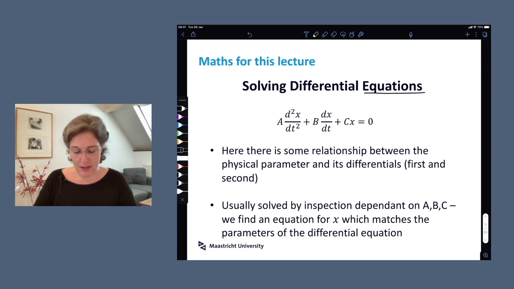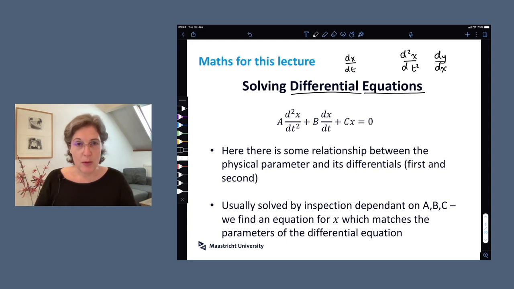And in particular, some of those terms include differentials. So things like dx by dt, or maybe if you've got different variables, you might have d squared x by dt squared, or dy by dx. So anything that has derivatives of functions. And if you put those together into a differential equation, that's what you've got.